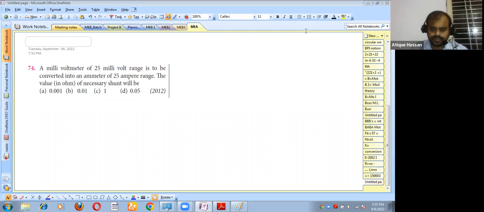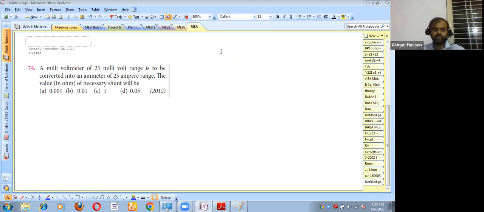All right. So it says a millivoltmeter of 25 millivolt range is to be converted into an ammeter of 25 ampere range.